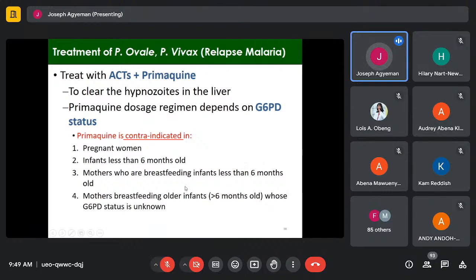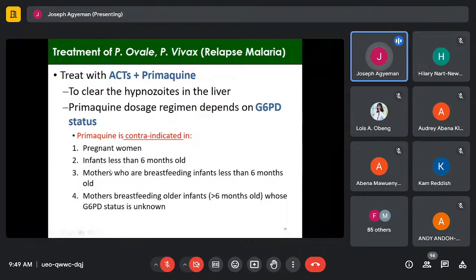Even when you're a lactating mother and we are not sure about the infant's G6PD status, primaquine appears in breast milk in high quantities. So if you don't know the G6PD status of such an infant, it passes through the milk and gets to the infant, then possibly a hemolytic crisis may occur.